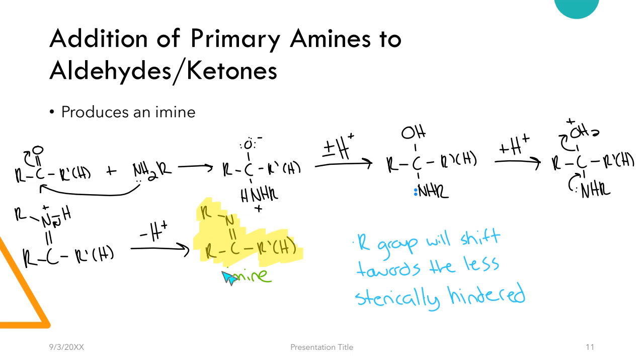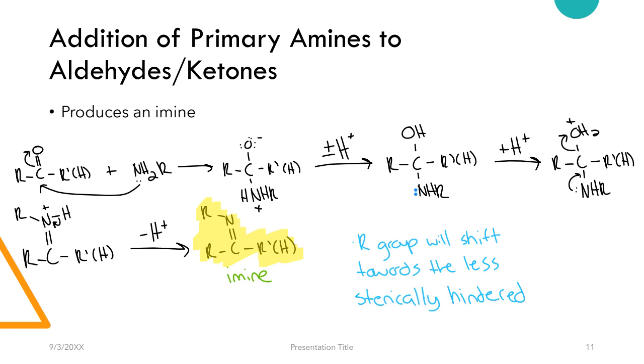So the R group on the nitrogen will shift to either side depending on which one is bigger. Make sense? What do you mean? The R group shifts.